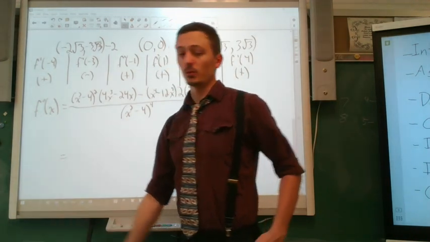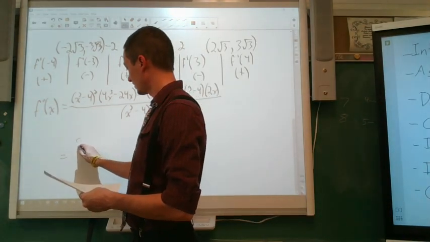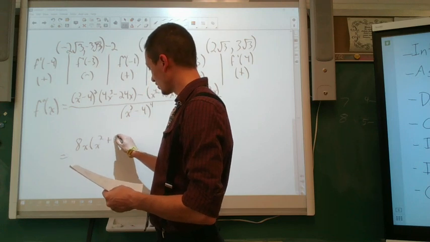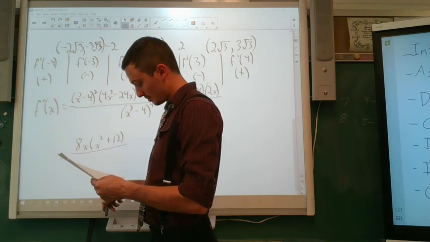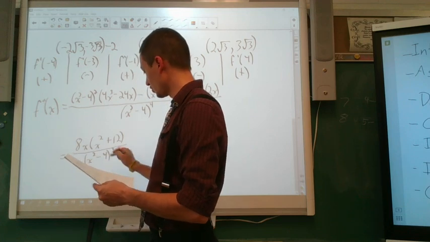And this is going to equal 8x times the quantity (x squared plus 12) divided by (x squared minus 4) cubed.